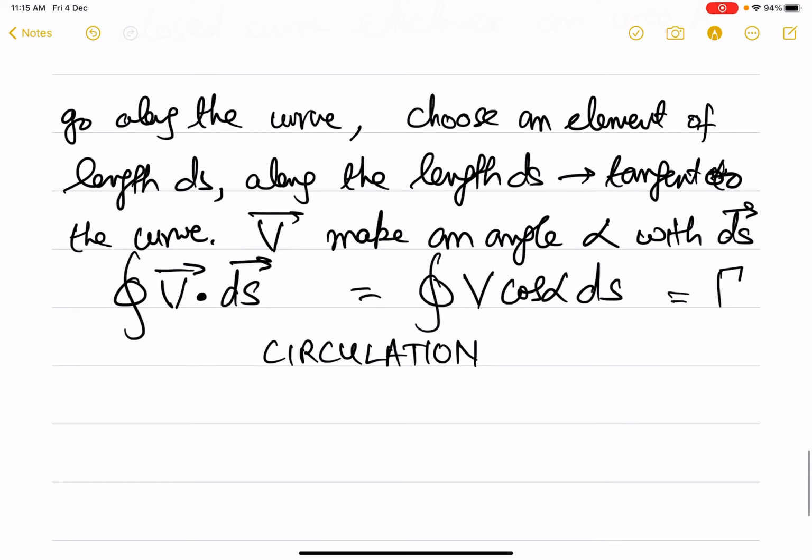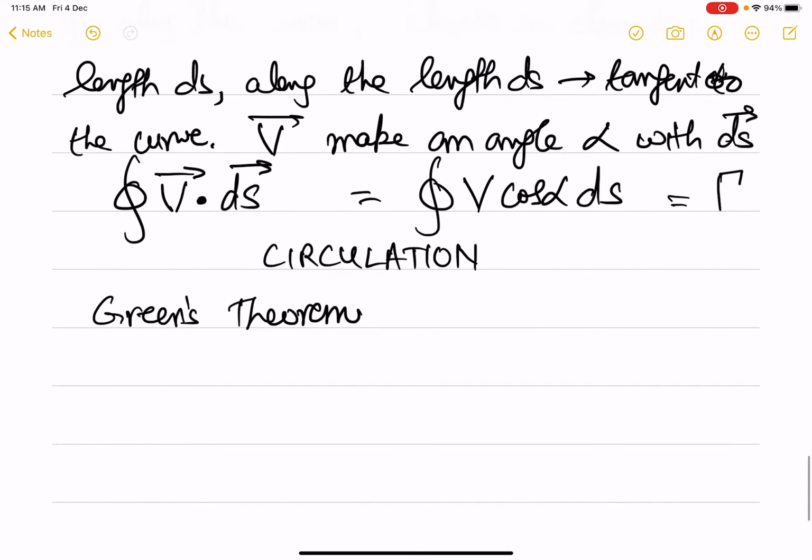Now we invoke what is called Green's theorem, which is in some sense a variation of Stokes' theorem.